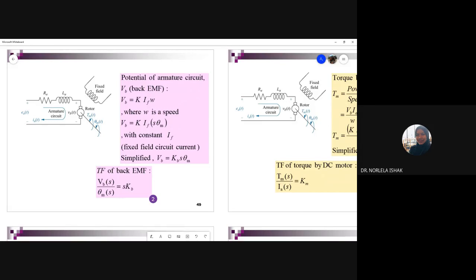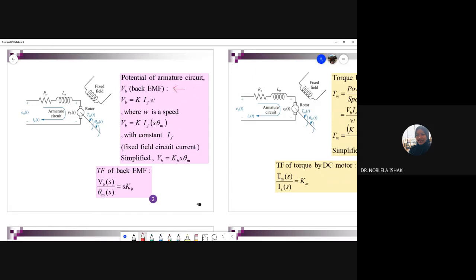Our second subsystem is the motor. From the motor we can derive two equations. Who remembers? Back EMF and torque. We can derive two equations from the DC motor. The first one is the back EMF. Where is our back EMF? This one.